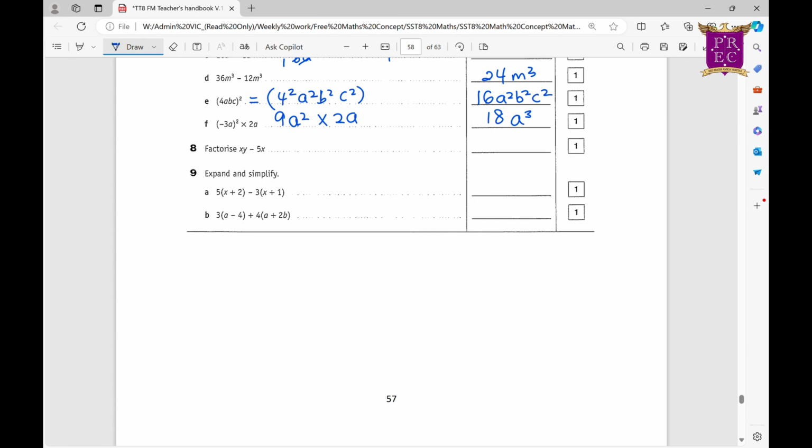Alright, question 8 is just asking you to factorize. If you look at the expression, you'll notice that x is the highest common factor.